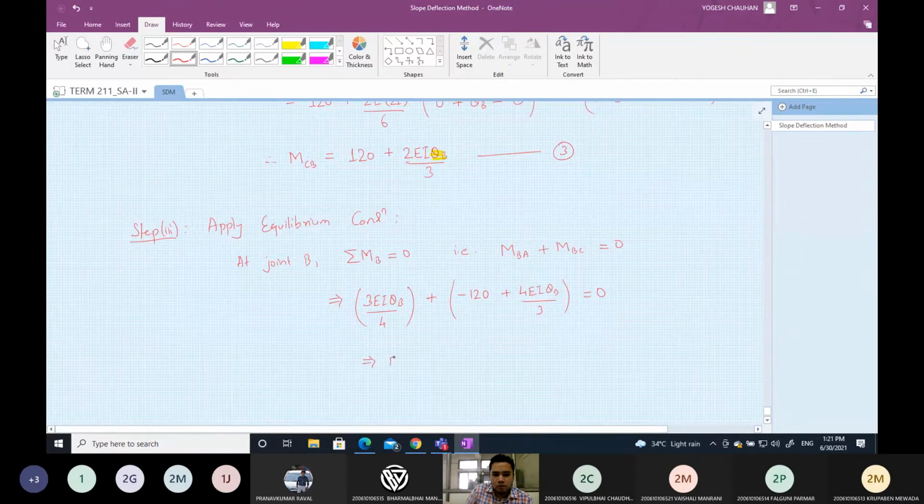So EI theta B will be equal to how much? It will be 120 divided by 25.